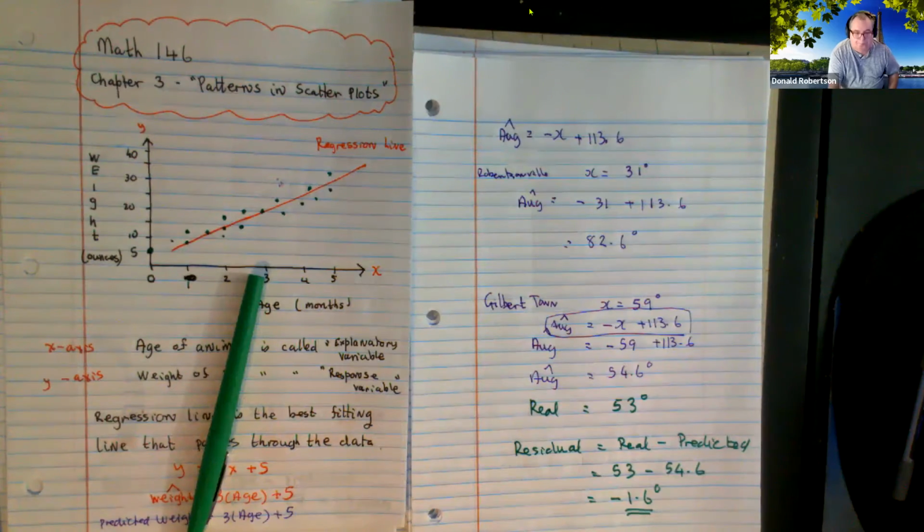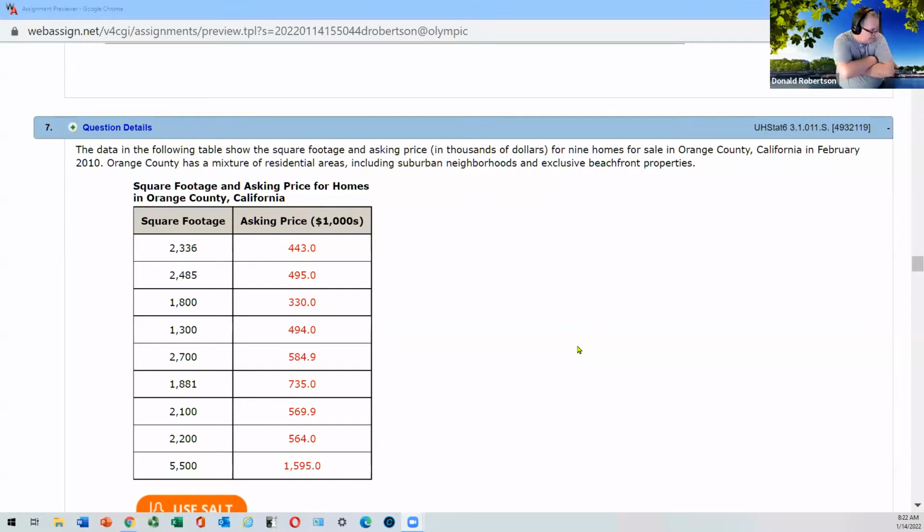Okay, here we go. Let's look at another set of data and do some analysis on it. This is question 7, at least my question 7. The data in the following table shows the square footage and the asking price of 9 homes in Orange County, California. Yikes.